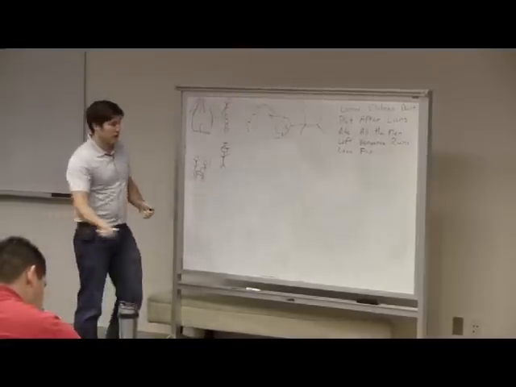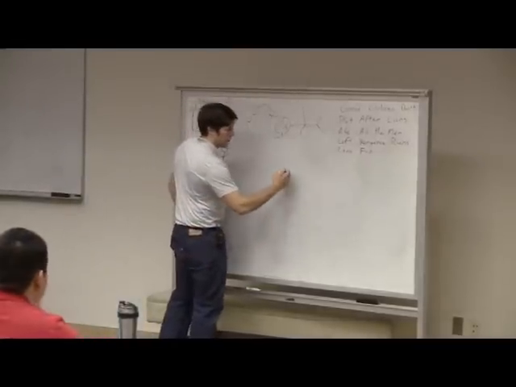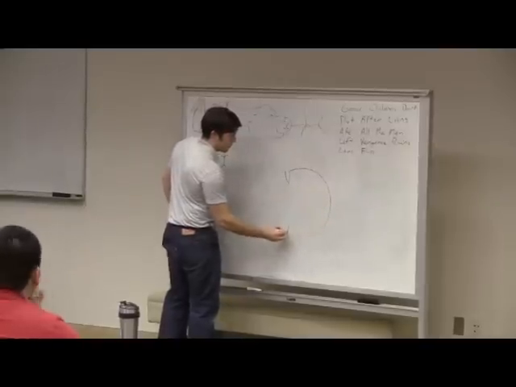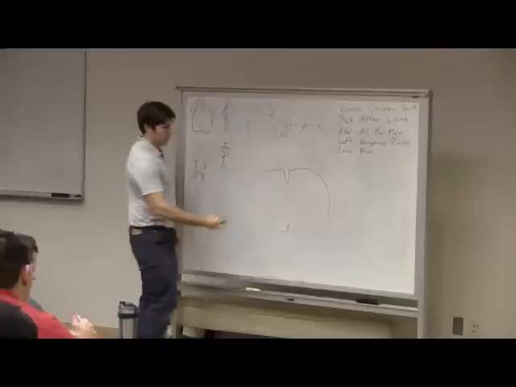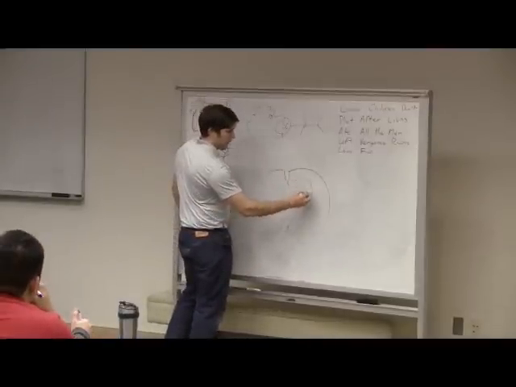So we'll start with the drawing of that cross-section of the cord. We're going to put the gray matter in there.